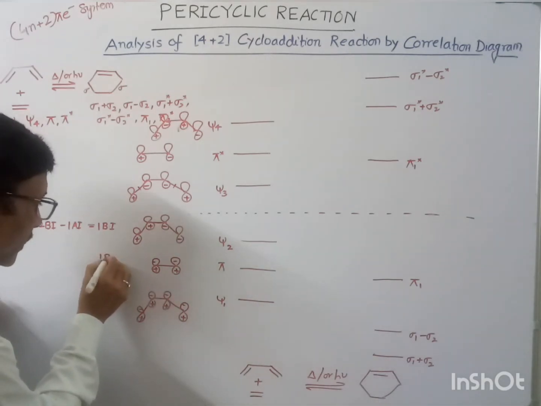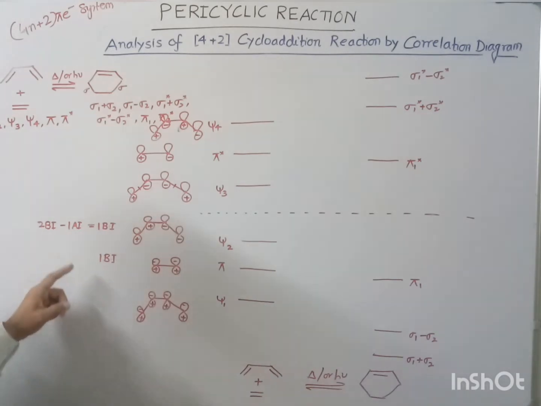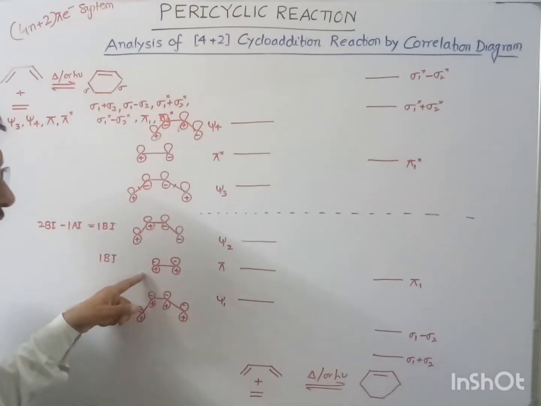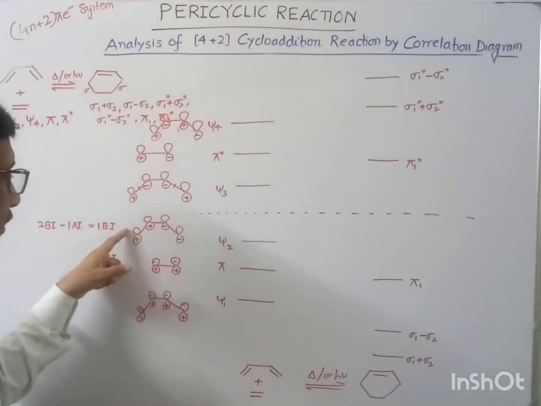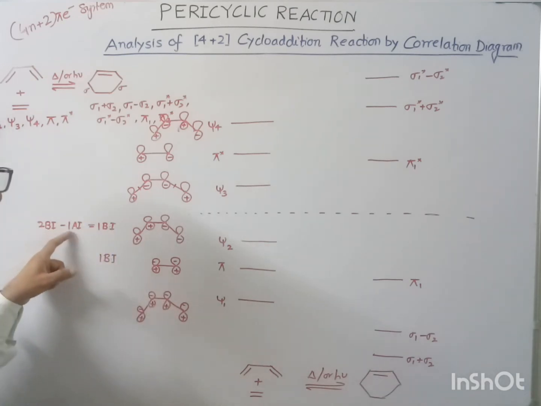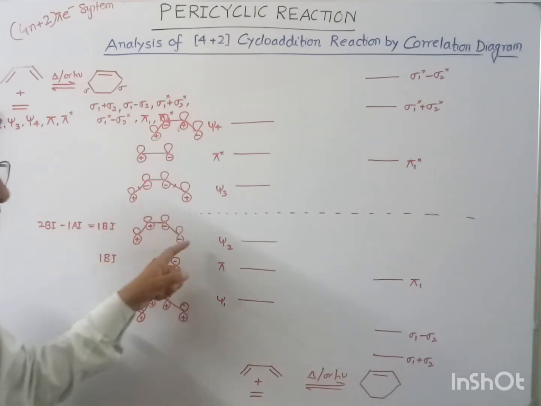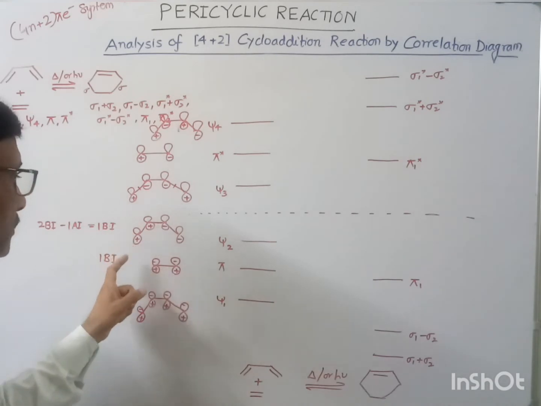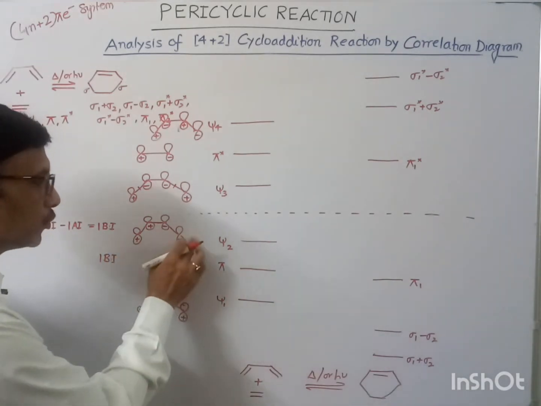Here also you have one bonding interaction. But the energy of this pi is less than that of this psi 2, because one anti-bonding interaction is present in this molecular orbital. So that's why pi is below this psi 2.